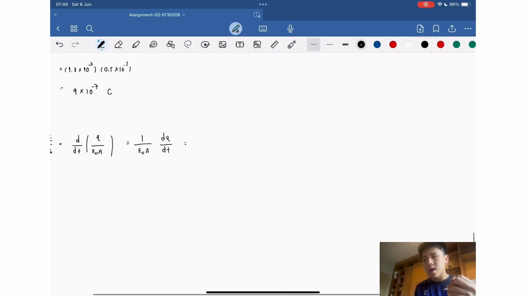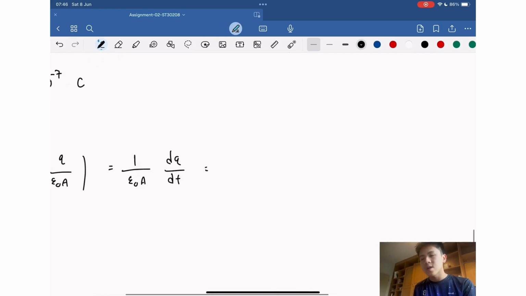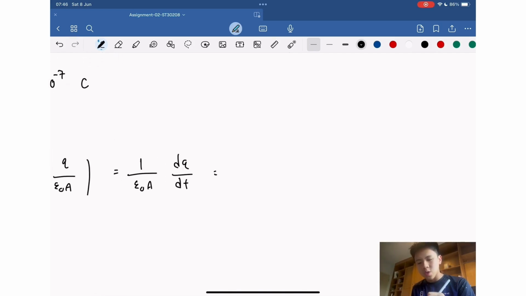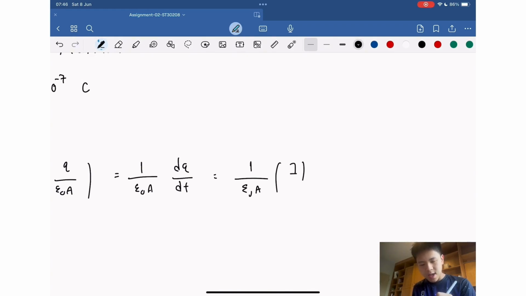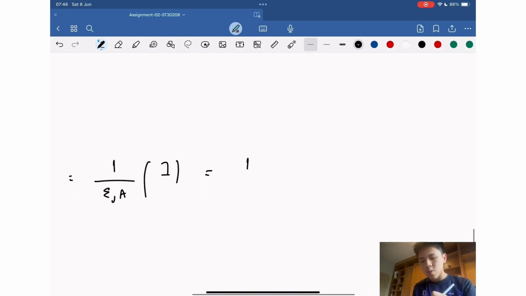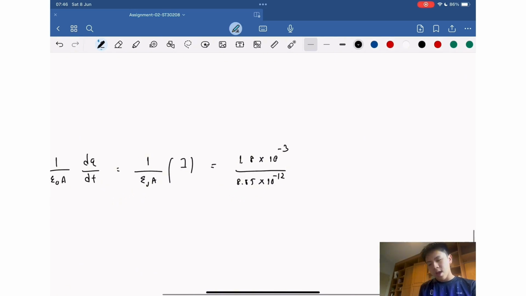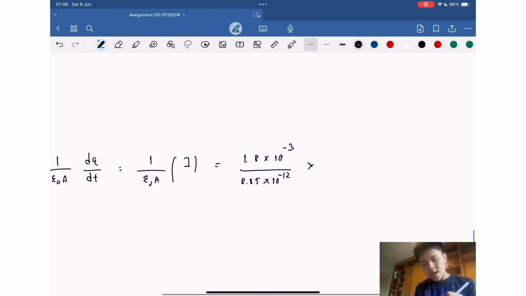Yeah, but I will calculate it first. So it will be equal to 1 over epsilon 0 A times I, and I is equal to 1.8 times 10 to the power of negative 3 over 8.85 times 10 to the power of negative 12, times 1 over pi r square.